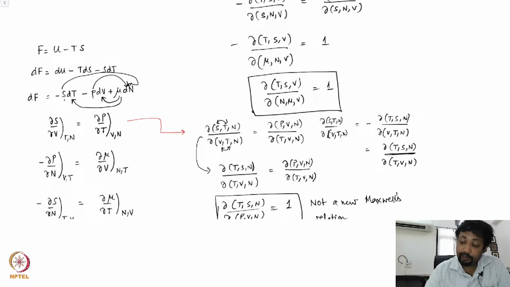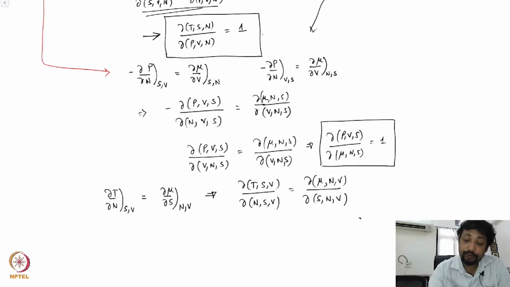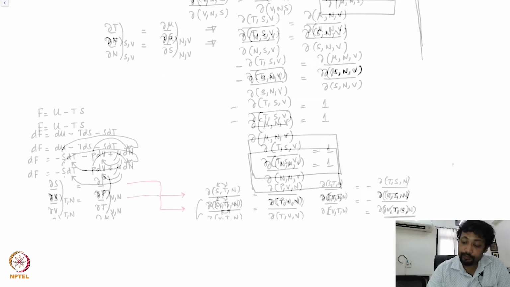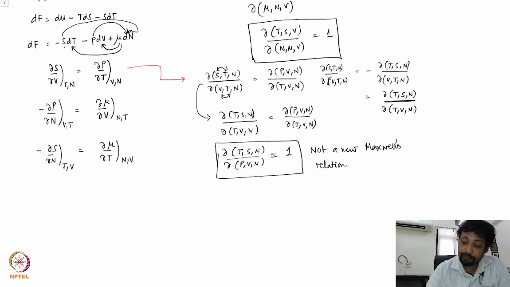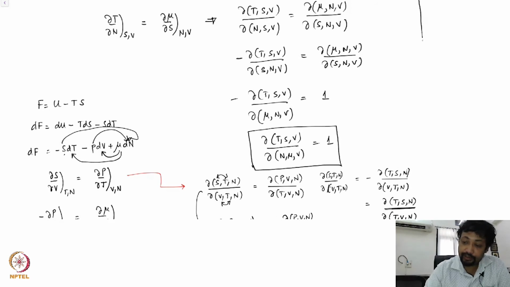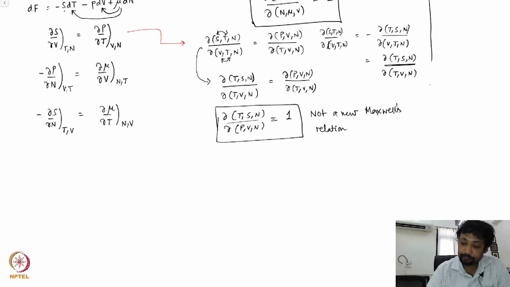We have already got this Maxwell's relation from the internal energy. So if you compare this and go all the way down, then we will see that we have the same equation that we had derived earlier. Both of them are consistent.